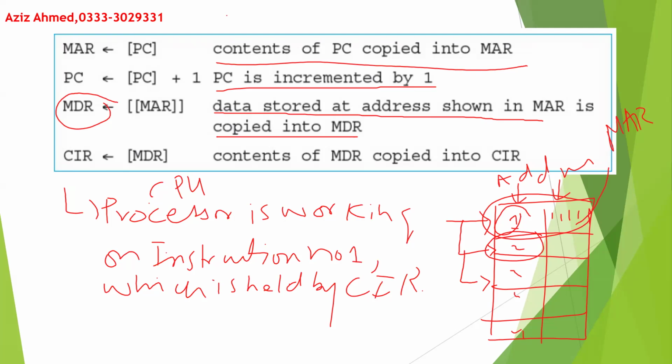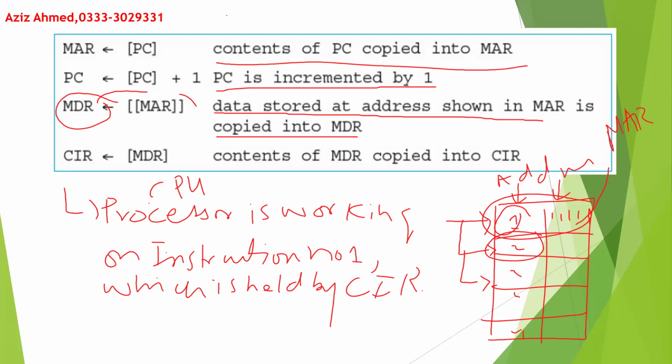And again, the same process starts. The content of PC is copied into MAR. Now PC becomes free. PC will update, meaning it will point to the next instruction which needs to be processed. Now data stored at the address shown in MAR is copied into MDR. MAR is holding the address of data.